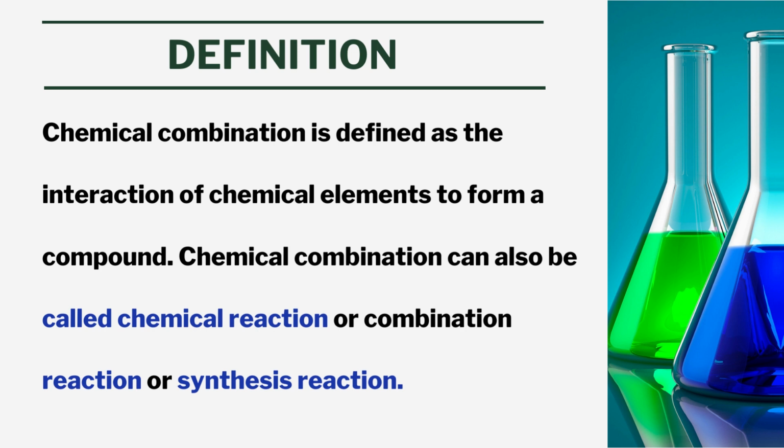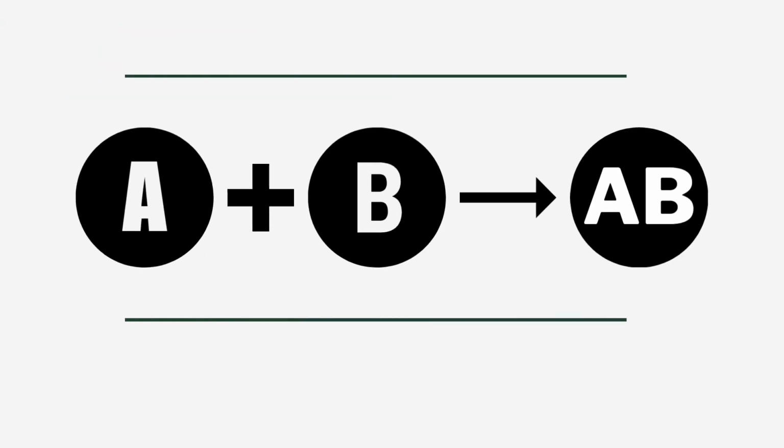Okay, let's take an example. A plus B. Let's assume A is an element and B also is an element. Both of them chemically combining together will give us AB. So an element chemically reacting with another element will give us AB.